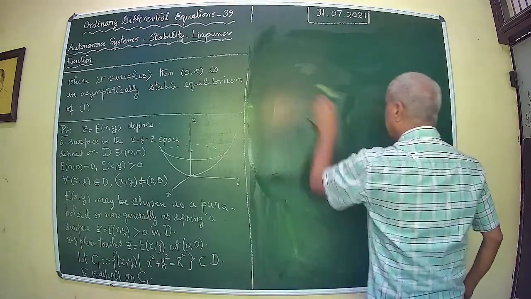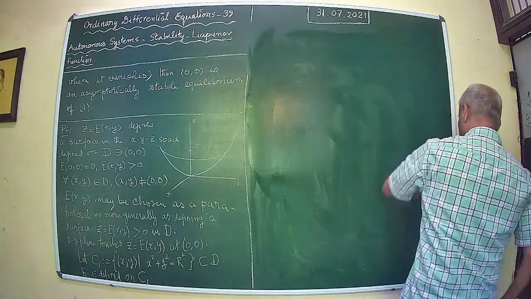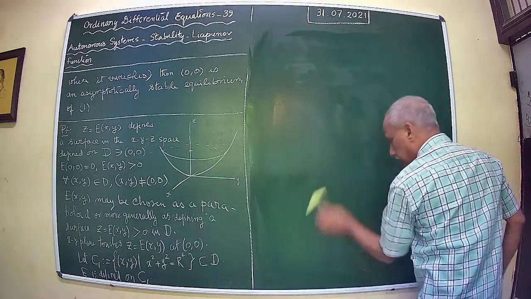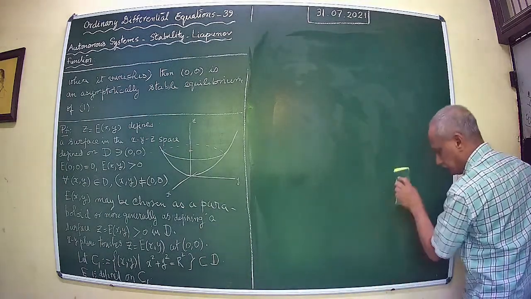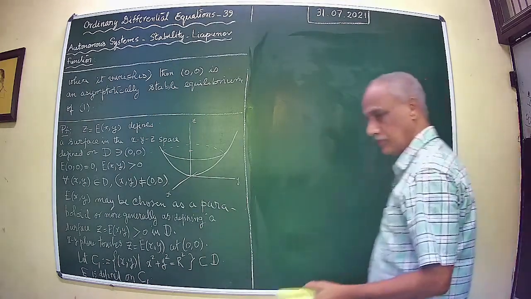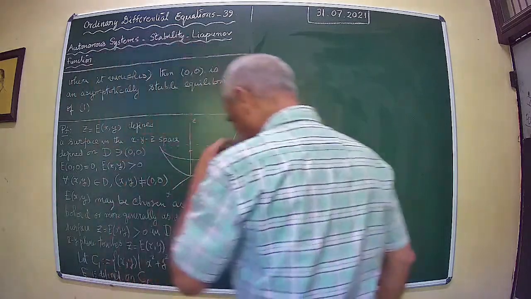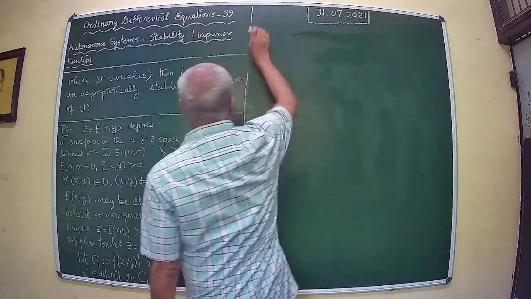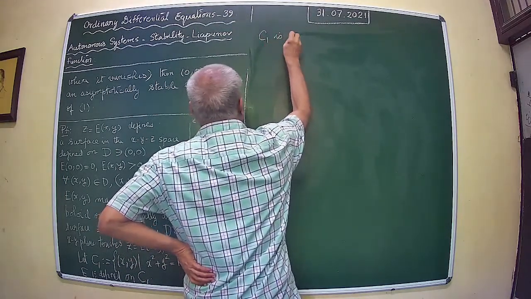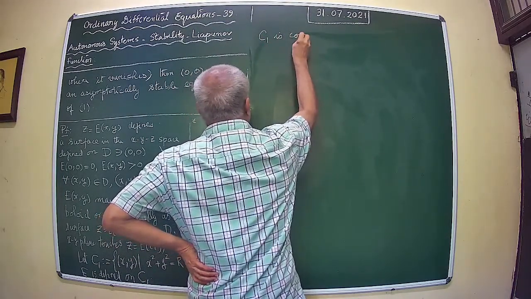Therefore, E attains a minimum on this, and this minimum is going to be certainly positive, because C1 is compact and E is greater than 0 on C1.